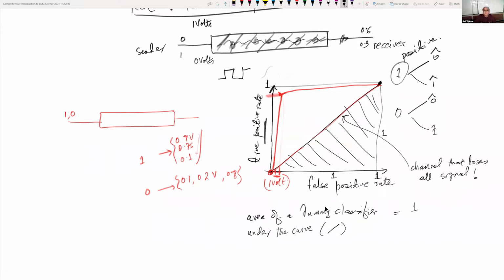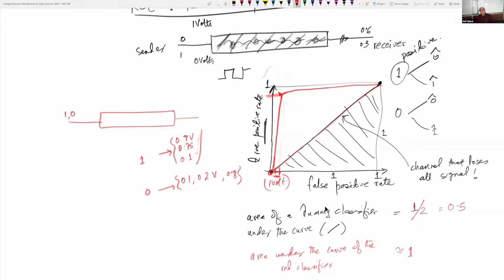But for the red classifier, the area under the curve will be closer to 1. Sorry, this is half. I should have corrected that, 0.5.